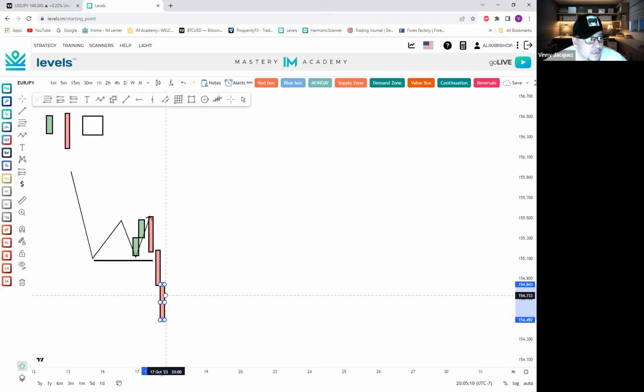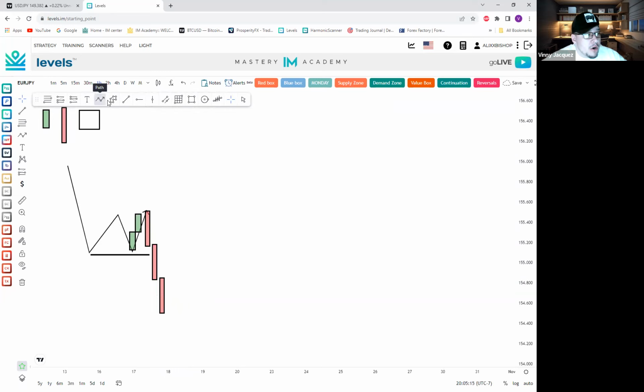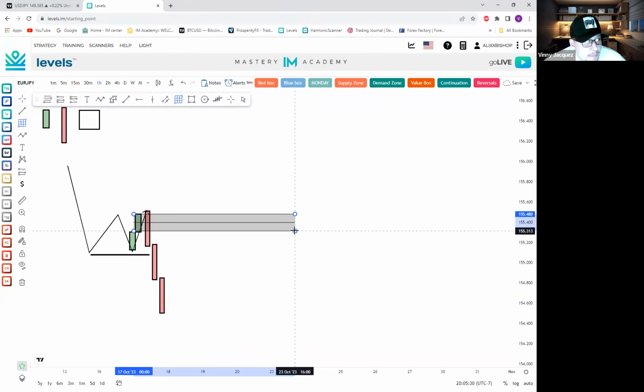When it comes to the supply, we need to find our starting point. As the market gives us this BOS to the downside, we need to follow this rally back up. As soon as we find that last buying candle, boom, that's going to be our supply. Let's mark this up.